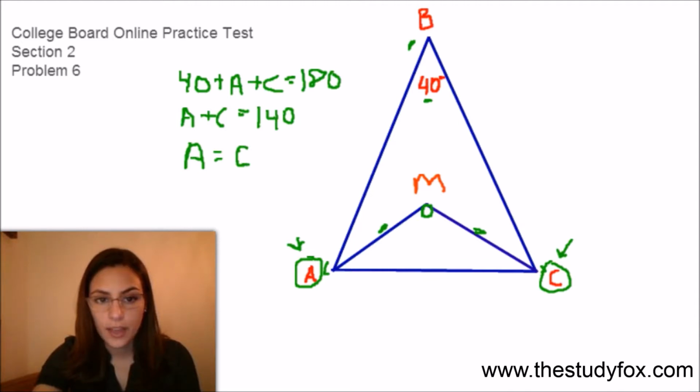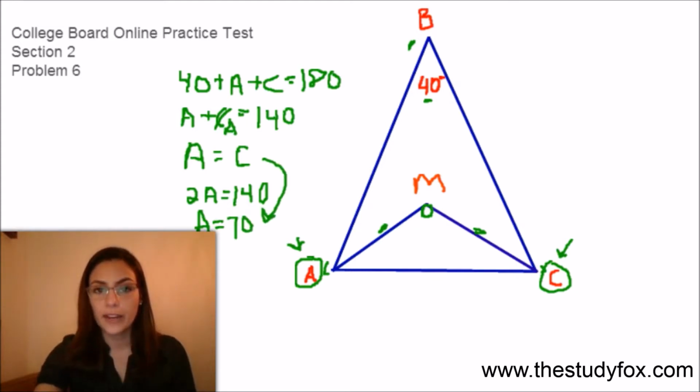Since I know that, I can replace C with A, because they're exactly the same. So I'm left with 2A equals 140, and A equals 70. If A equals 70, that means C also has to equal 70.